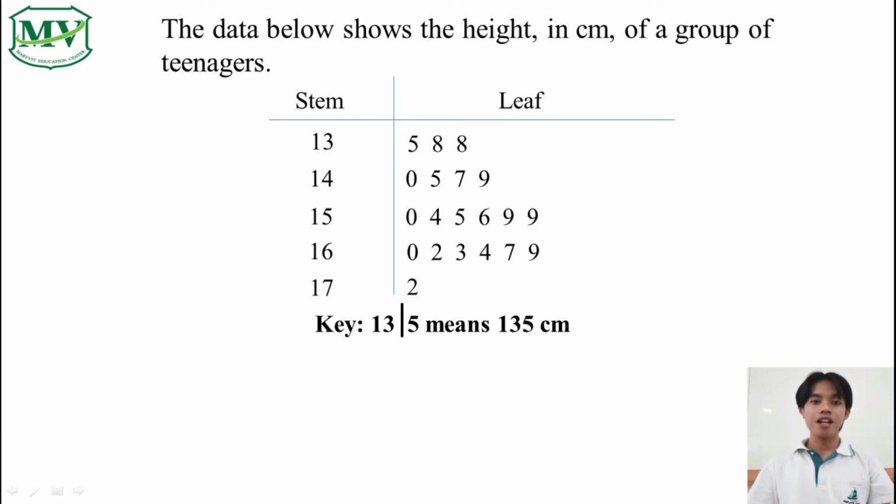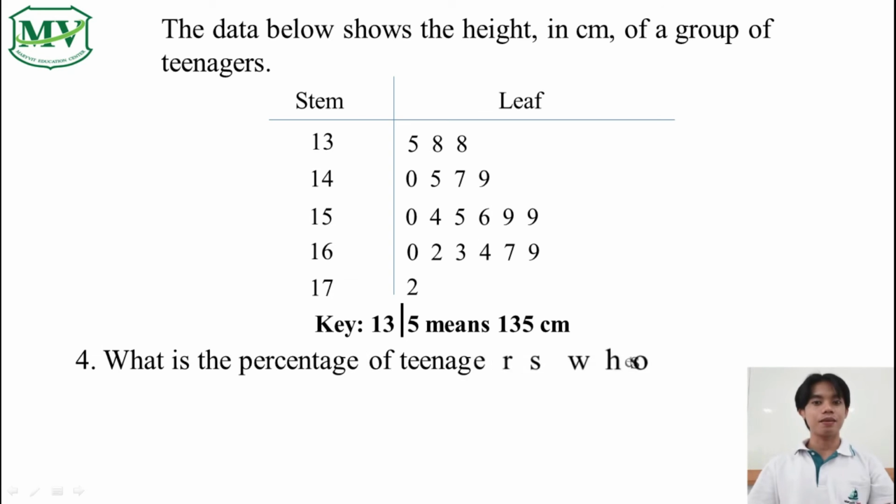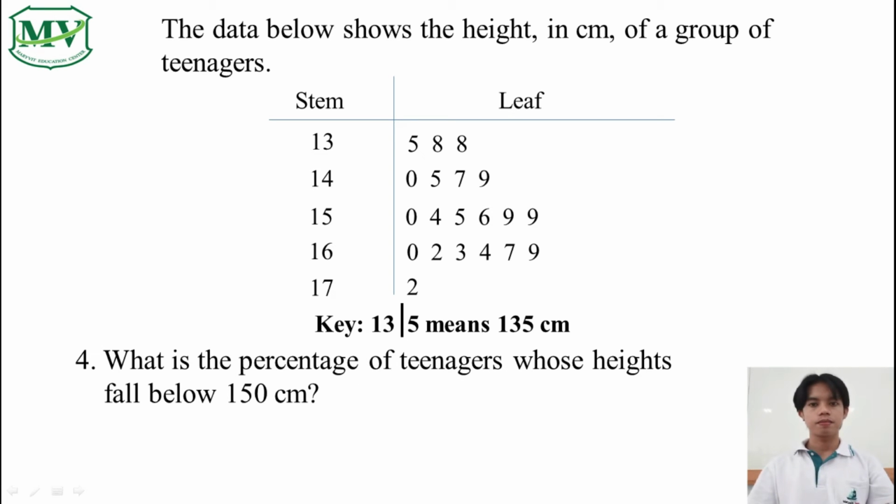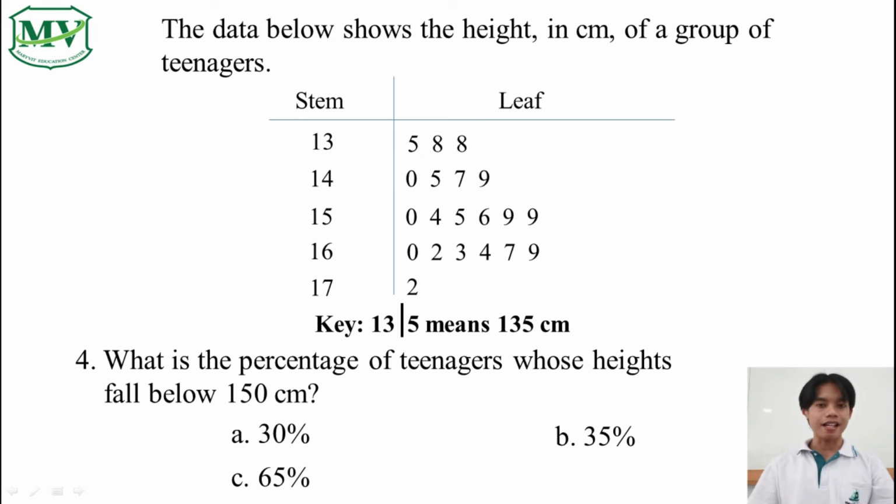For question 4, the same data as in number 3 is being used. The question is, what is the percentage of teenagers whose heights fall below 150 centimeters? A. 30%, B. 35%, C. 65%, or D. 85%?